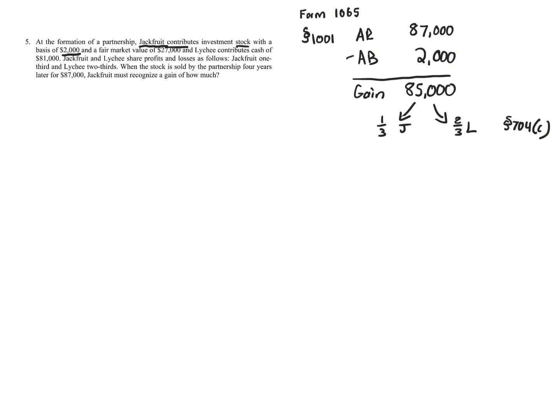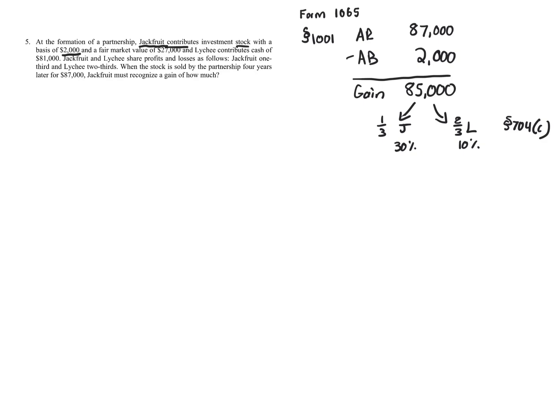Here's the issue. Let's say that Jackfruit is a 30% taxpayer, and they're both unrelated, and Lychee is a 10% taxpayer. They're in a 10% tax bracket. Well, if Jackfruit was to sell the stock at formation rather than contribute it to the partnership, Jackfruit would have recognized a $25,000 gain.